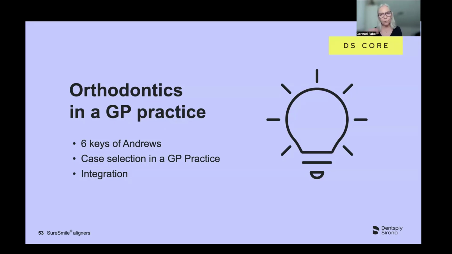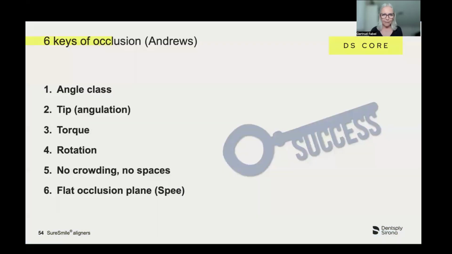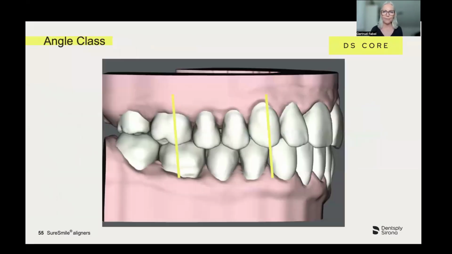Okay, but coming back to the evaluation of the orthodontic treatment, it is advantageous and necessary to refresh fundamental basic knowledge in orthodontic treatment. So let's start with the 6 keys of Andrews: the angle class, tip, torque, rotation, no crowding, no spaces, and a flat occlusion plane. What does it mean?